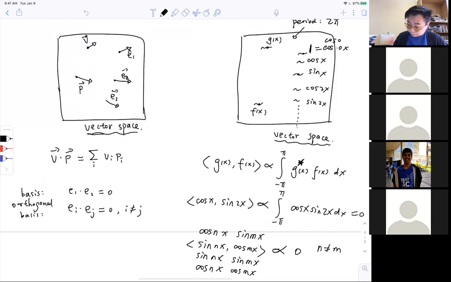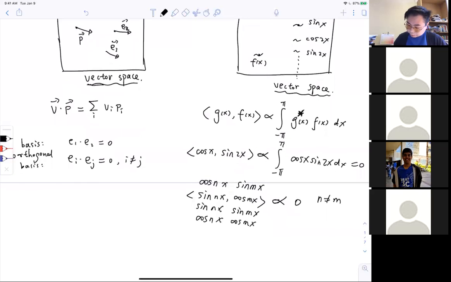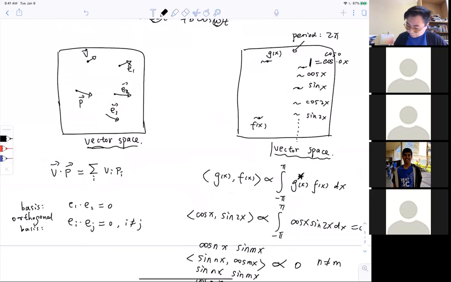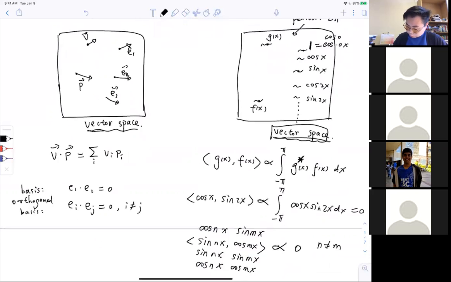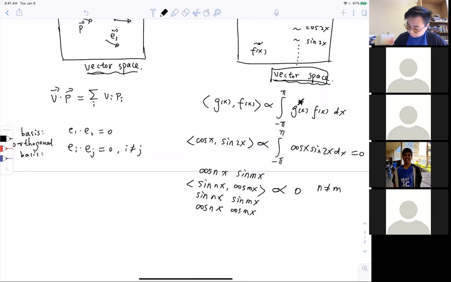Cosine 0 is 1. Basically, what I'm saying here is that the bases we use to expand the periodic function are also orthogonal to each other, right?